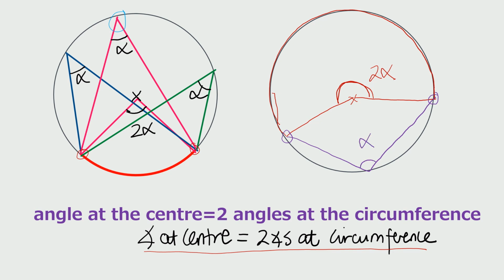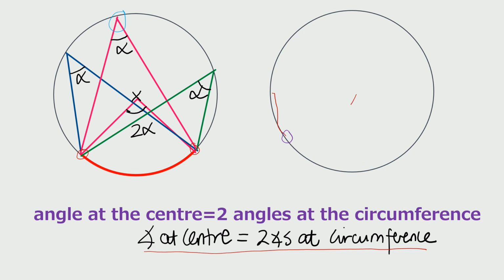The key point about using angle at the center equals two times angle at the circumference is to look out for the arc. Let me give you another example. Let's say this arc, usually a major arc, is the one I'm interested in here.